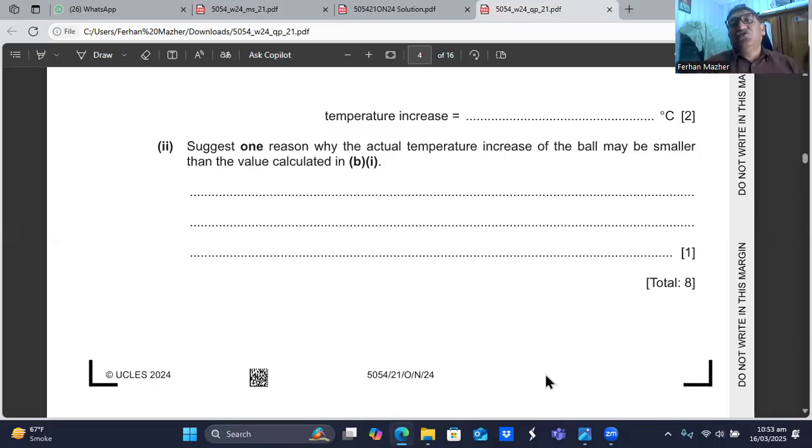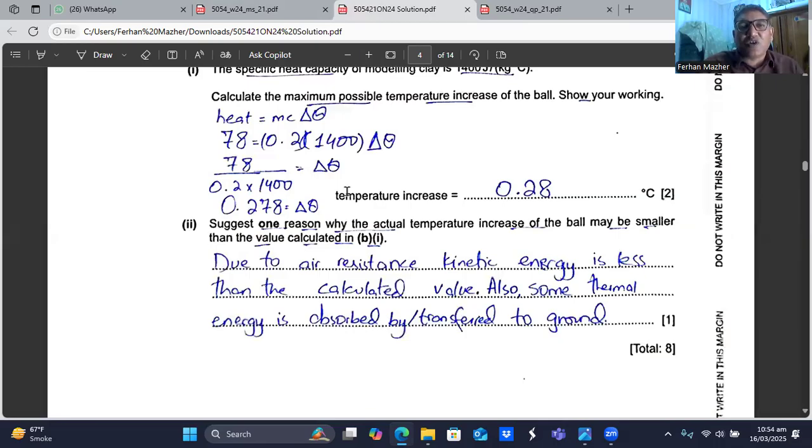Some of the energy is used to increase the temperature of the ground. Some of the energy is used to produce the sound. Some of the energy is used to create a dent in the ground. So not all the energy is converted to the internal energy of the ball and used to increase the temperature of the ball. It's a 1 mark question.